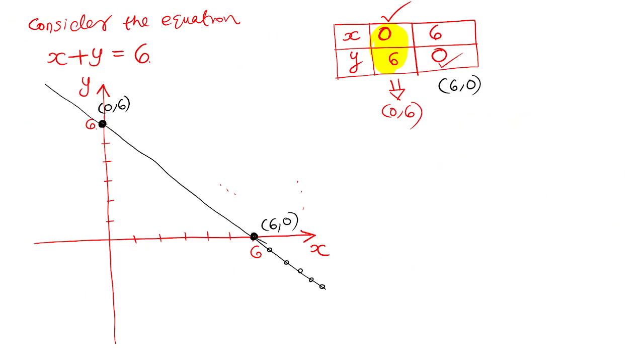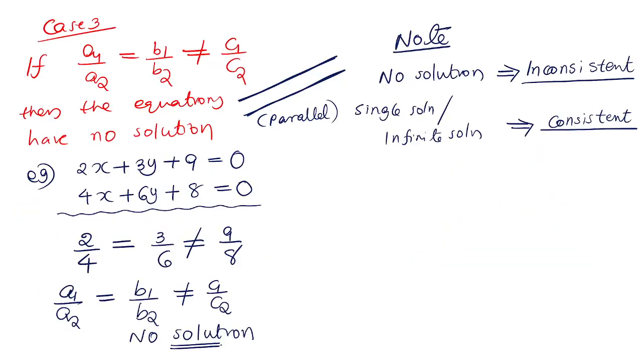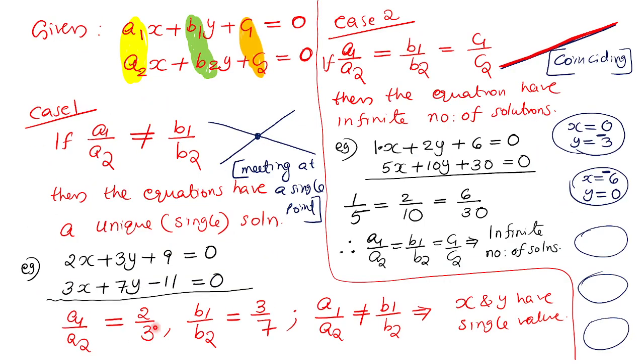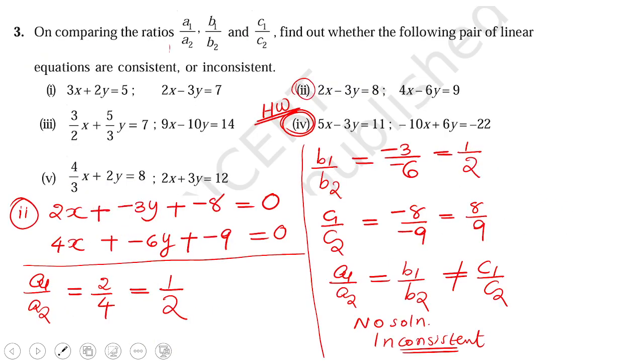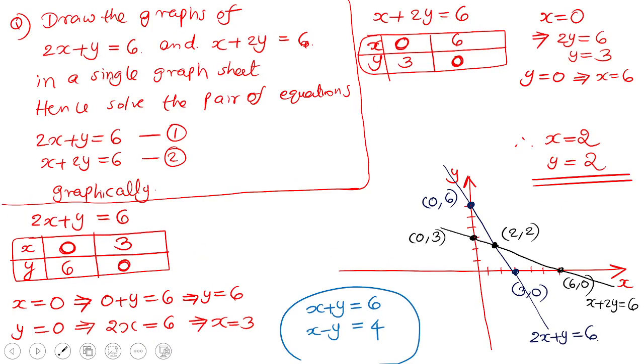If you don't remember after the class, you please memorize that. If A1 by A2 not equal to B1 by B2, a single solution, meaning that the graph will be meeting at a single point. Single solution, meeting at single point. Easy to memorize.